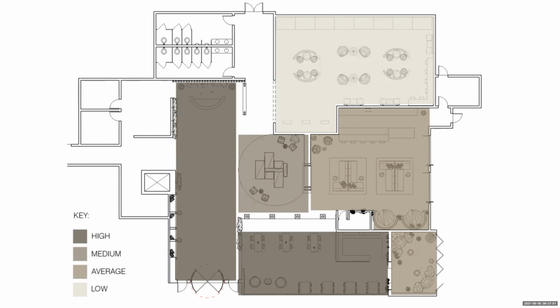So this chart shows the different activity levels and noise levels based on space. This was a strategic layout of the building and the spaces in there. The way that I laid this out is an effort to create preferred environments with various moods and activity levels. So the spaces that are the darkest are the highest activity level, which would have the highest noise. And then the noise pollution would be obviously greater.